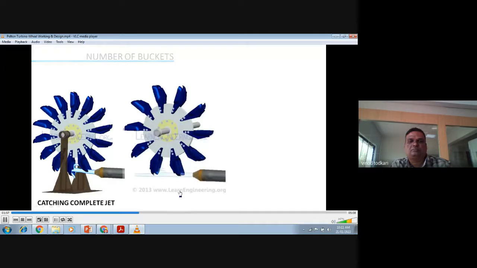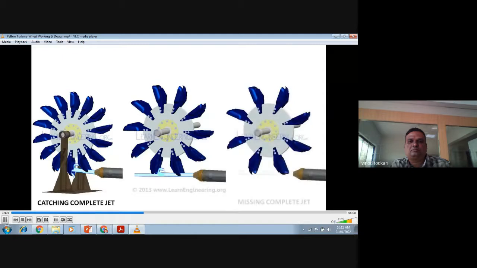With fewer buckets, at some point of operation, the complete water jet might be lost. This will decrease the efficiency of the Pelton turbine drastically. So there should be an appropriate number of buckets, which will make sure that no water is lost.